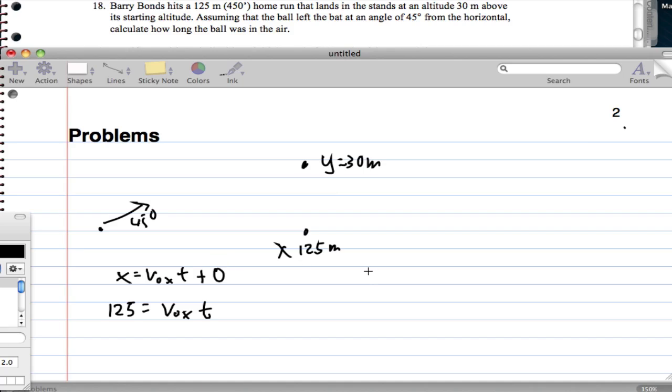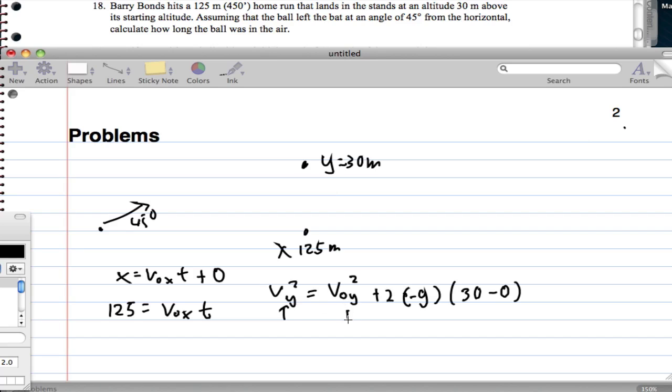Now, we also have a couple of equations we can use here. vy squared equals v naught y squared plus 2 times negative g times y minus y naught, which is going to be 30 minus 0. We don't know that vy squared is 0.